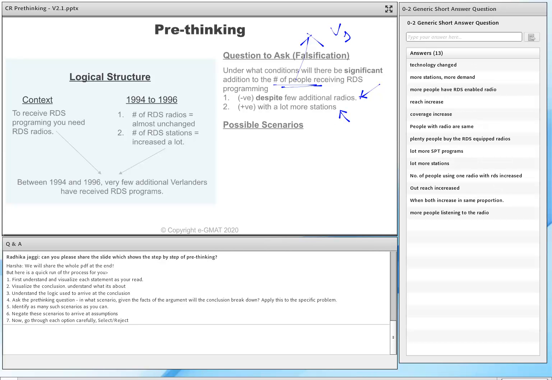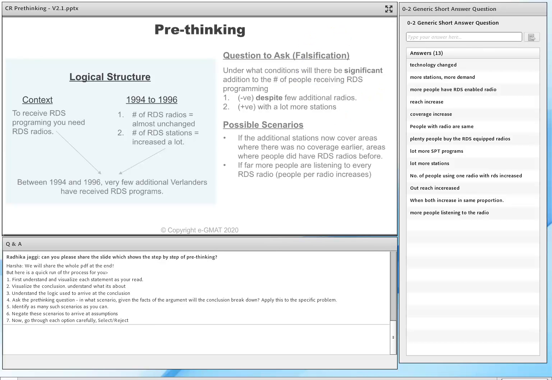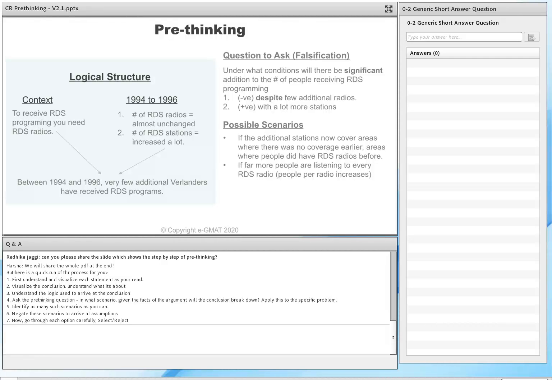The other is if more and more people start listening to radio, as one of you said, which means if you start taking radios from houses and putting them in Starbucks, or if more people per family start listening to these radios. These are two possible scenarios in which my conclusion will break down.